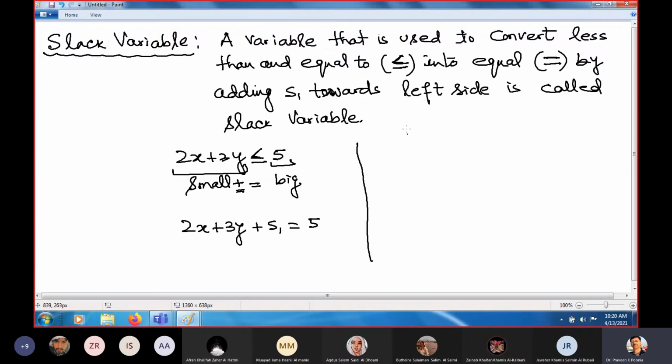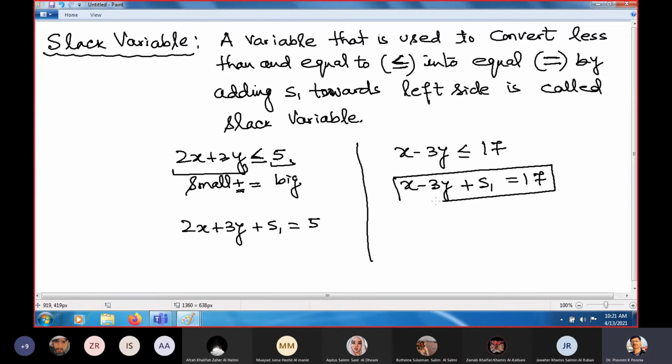Clear? Another example, x minus 3y less than equal to say 17. So how will we do it? It is x minus 3y plus s1, and now less than will change into equal, 17. This is how we change any less than inequality into equal.